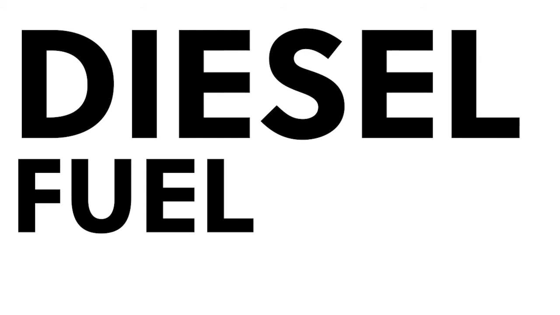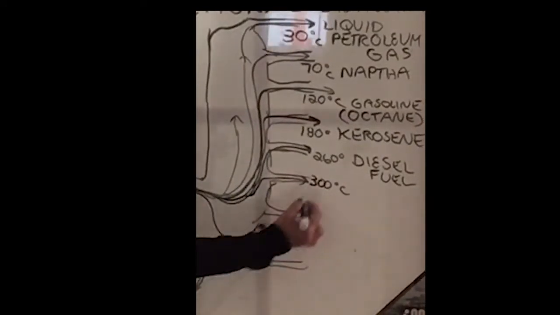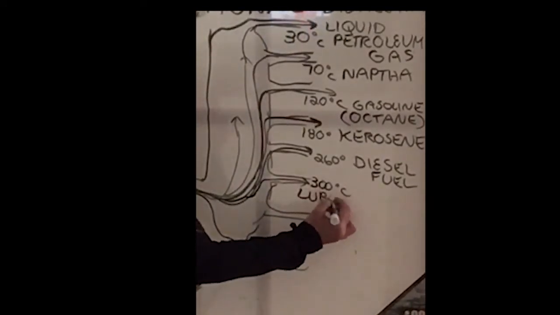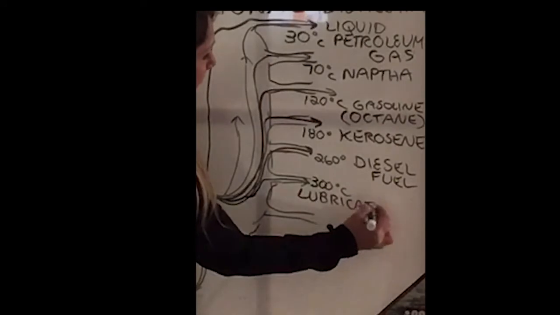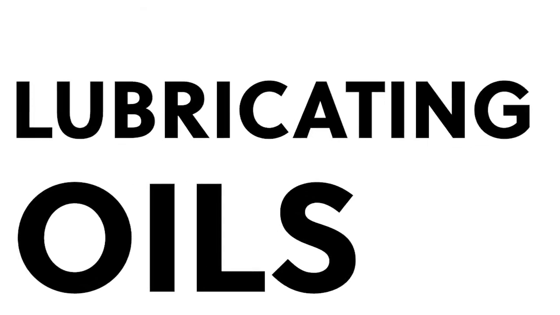To get about 300 degrees Celsius, and we boil off lubricating oils. So oil, if you get an oil change in your car, that is petroleum based, but it is a heavier hydrocarbon than your octane gasoline. This is also waxes, polishes, things like that. And then we keep boiling till about 350 degrees Celsius.